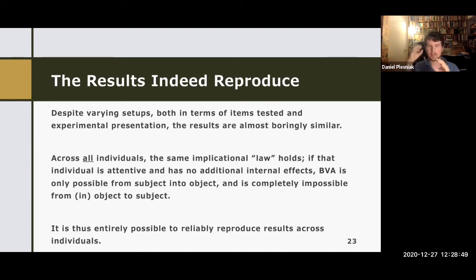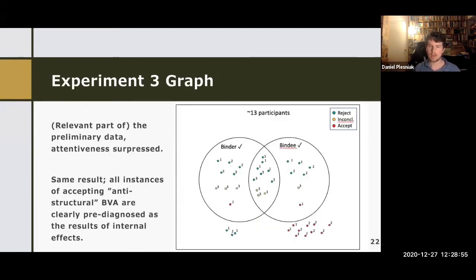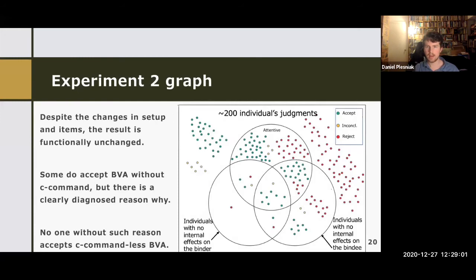It's completely impossible from something in the object to subject. This may seem like it only applies to the people in the center, but it applies to everyone, right? It's just that the people outside the center have not met the precondition for the particular prediction to apply. That doesn't mean that it isn't true of them. It's just true in a kind of null way, in a kind of degenerate way.